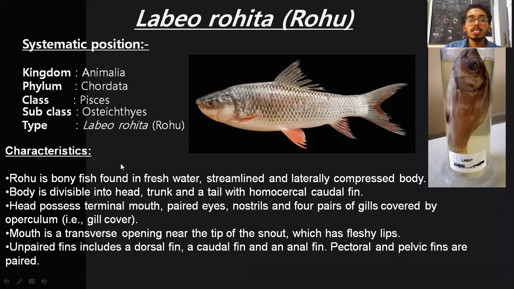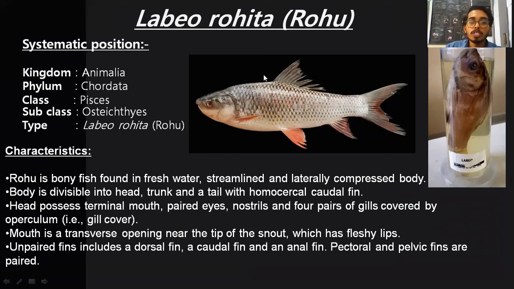The characters, if you observe: the rohu is a bony fish found in freshwater. It has a streamlined body and is laterally compressed, which means compressed sideways. The body is divided into a head, the trunk, and a tail, and the tail is a homocercal caudal tail.